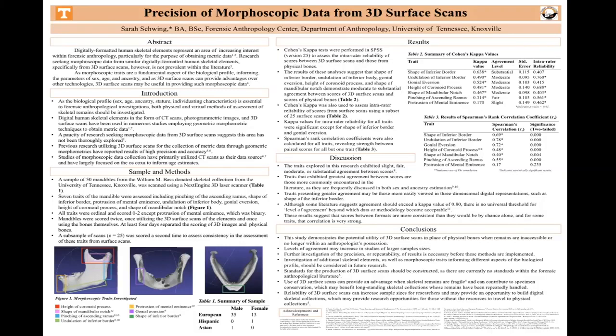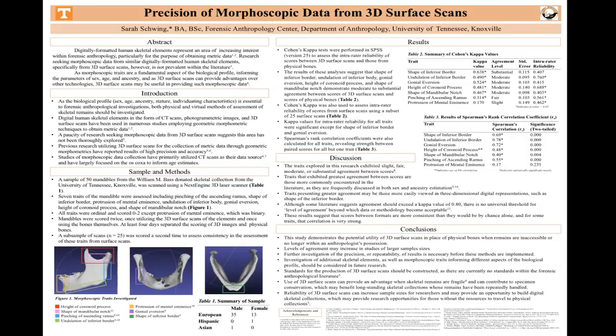I created a 3D surface scan using a NextEngine laser scanner for each of these 50 mandibles. The 7 traits that I looked at are listed down here in figure 1. When I say morphoscopic traits, I mean traits that we are observing with our eyes rather than measuring with a specialized measuring device.